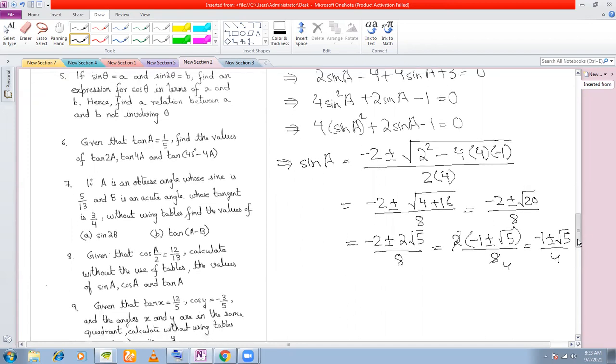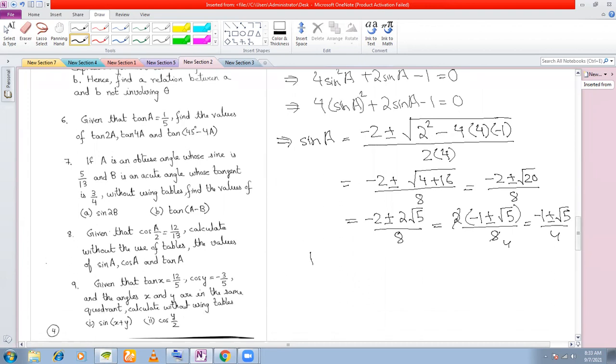Now again, sine A is equal to sine 18 degree, which is an acute angle, so it has to be positive, it lies in the first quadrant. So therefore, sine A is equal to, now from here, which sign should I choose?